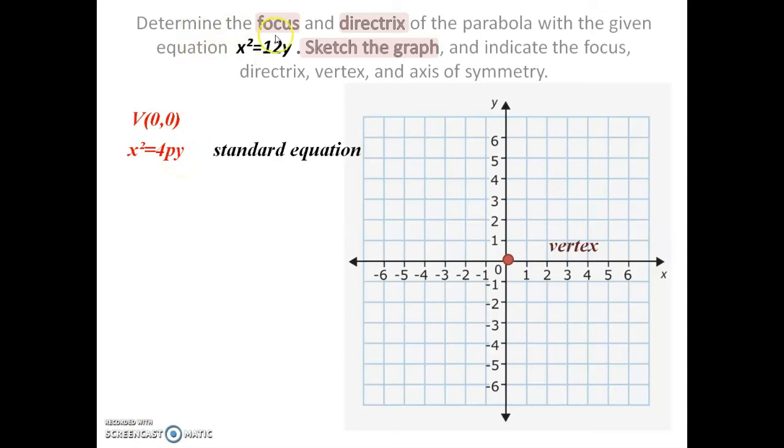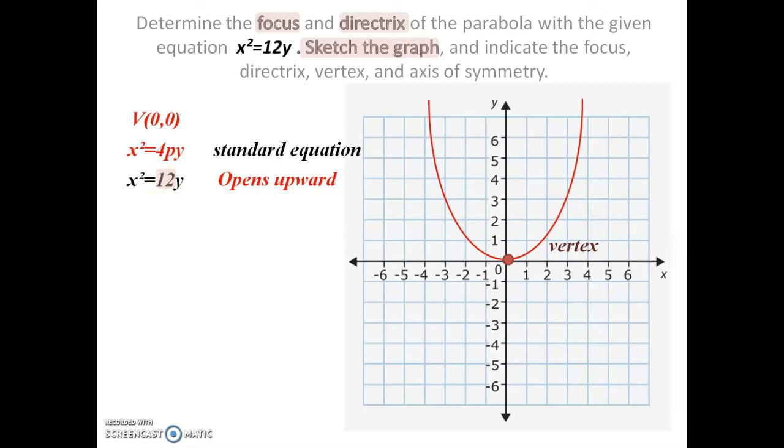To be able to find the focus and the directrix, we need to find the value of our p. From the given equation, we have x squared equals 12y. Notice that in the standard equation we have 4, and in our given equation we have 12. Notice that the value of 12 is positive, so it means our parabola opens upward.